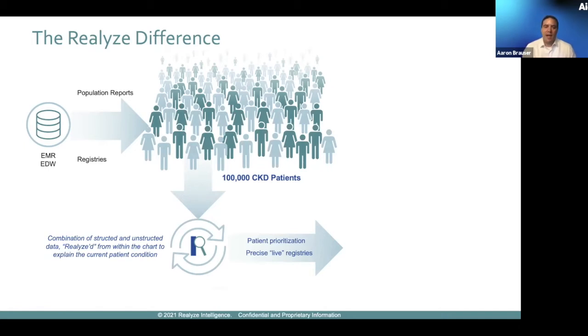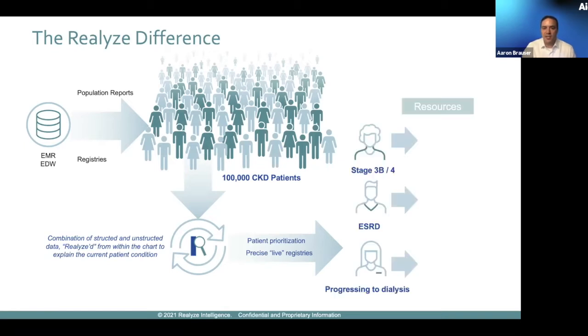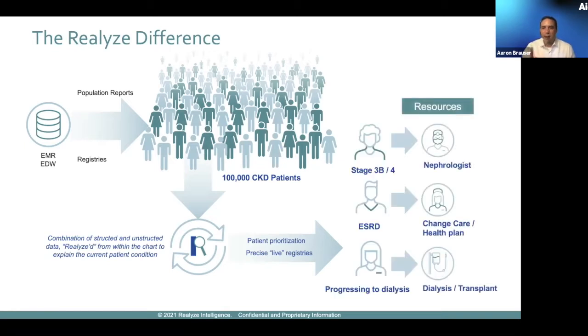And we create what we call live registries or patient prioritization. That allows us to map very specific categories to specific resources that are needed. In this case, we can take all our patients that the documentation clearly shows are stage 3B or 4 and not yet on dialysis. Let's get them to a specialist so that we can prevent them from progressing further.